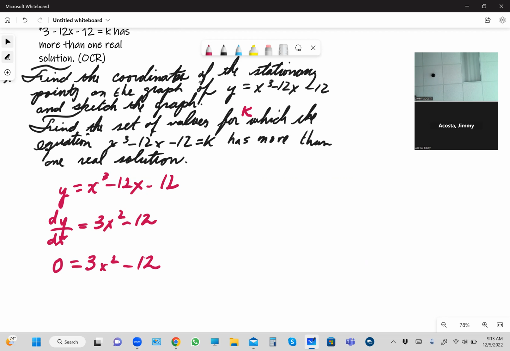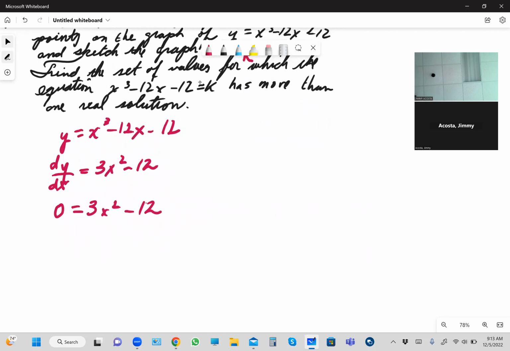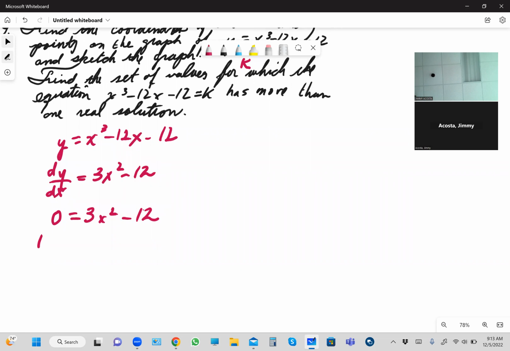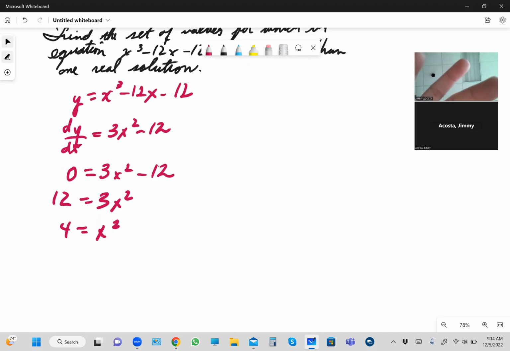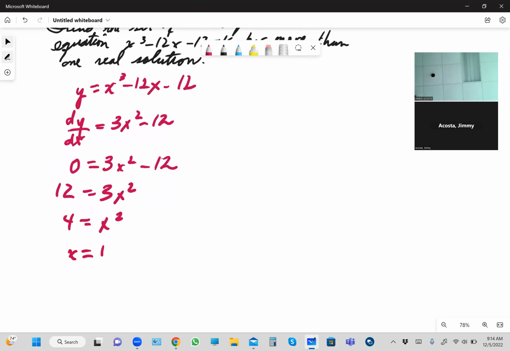What do we do to solve this? We don't have to do the quadratic. We can just go ahead and say 12 equals 3x squared. Divide both sides by 3. 4 equals x squared. Take the square root. x equals plus or minus the square root of 4, which equals plus or minus 2. Agreed?